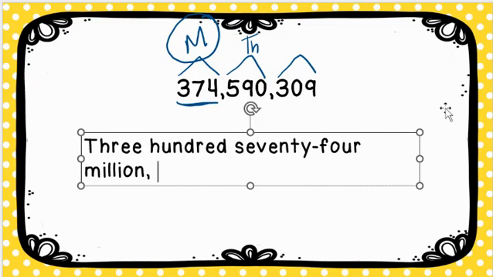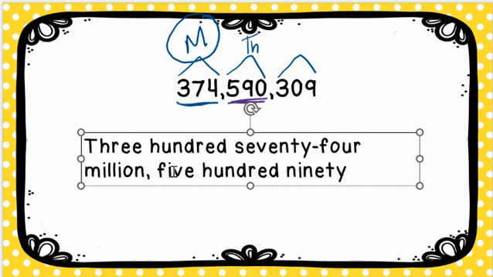Okay, let's chunk the next part. The next section says what? 590. So let's go ahead and write that. Okay, are we done yet? Well, I see the comma, so I'm going to go ahead and state the house name or the period name.